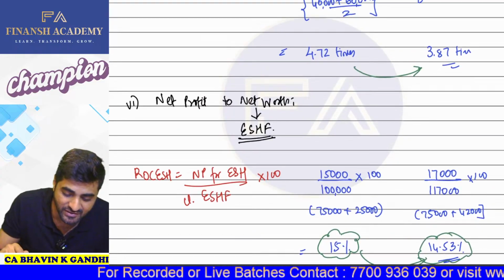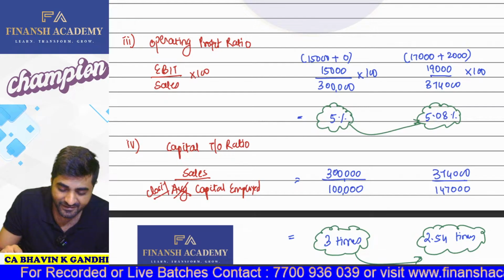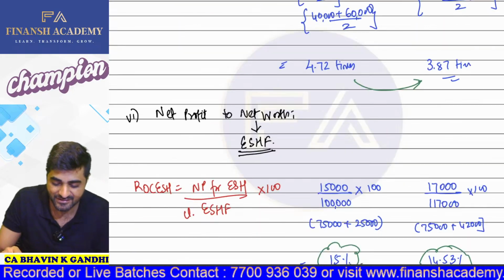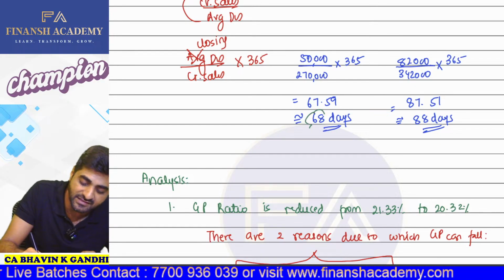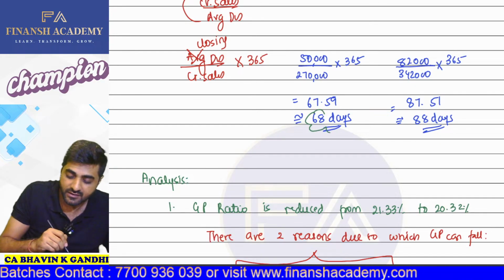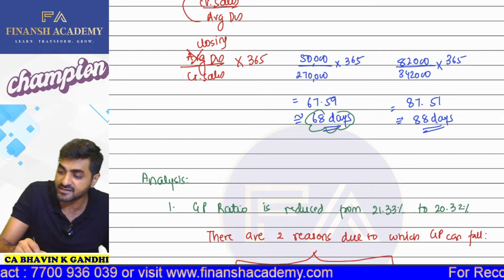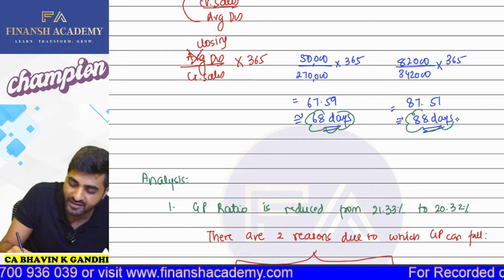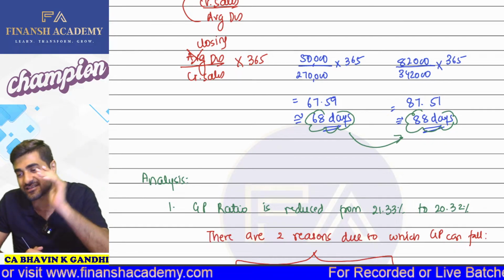But also guys, you can just check here what is happening to the credit sales. I have to be looking from the company's perspective also. See, this has increased from 68 days to 88 days. So from 68 days to 88 days, the debt collection period has increased.